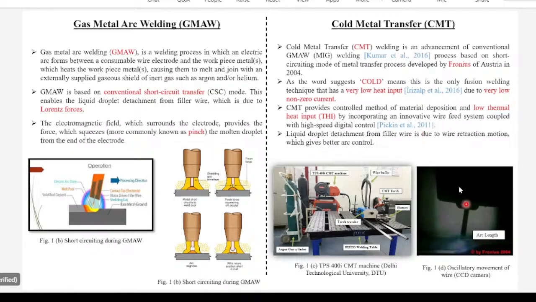Here you can see this CMT machine that is available in Delhi Technological University, where I worked on this during my PhD. You can see the oscillatory movement of the wire captured with a CCD camera.